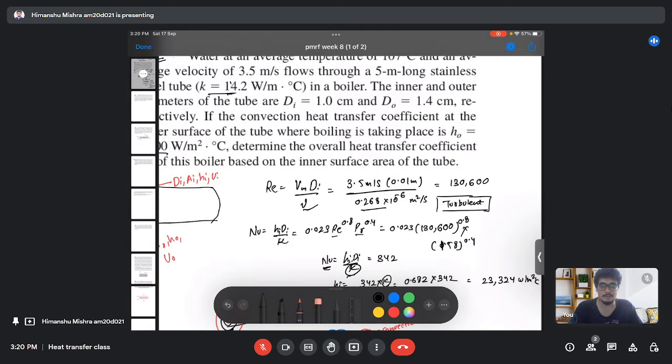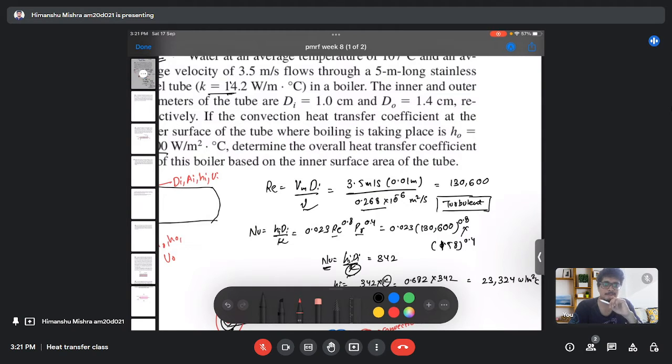To find it, we need to use the resistance function. And since there is flow inside the pipe as well as outside the pipe, you can guess, even before solving, that you need to use the resistance for the inside heat transfer as well as for the outside heat transfer.